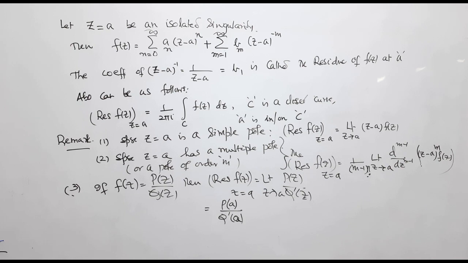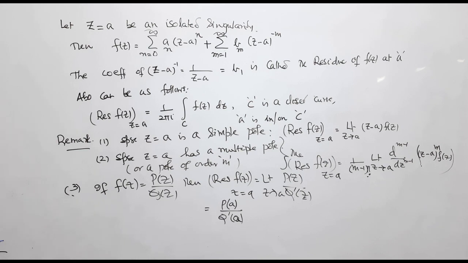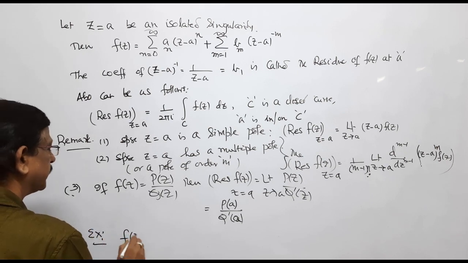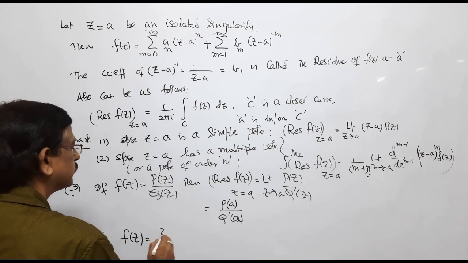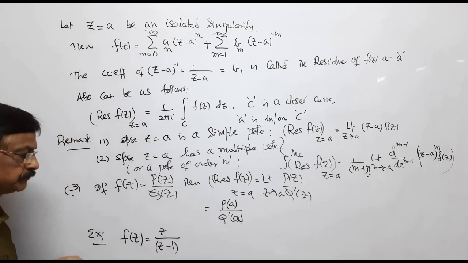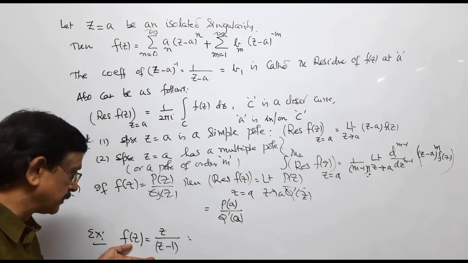Now the first example what I want to do is a simple example. I want to evaluate f(z) equal to z by z minus 1. So I want to evaluate the residue of this.